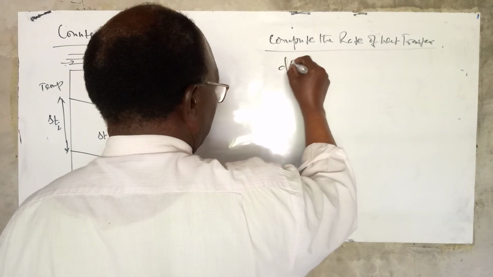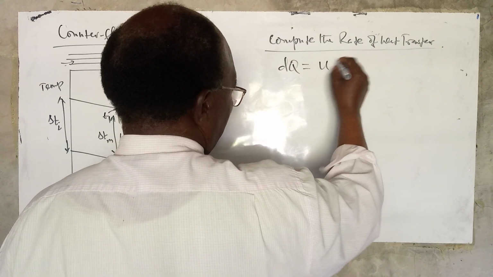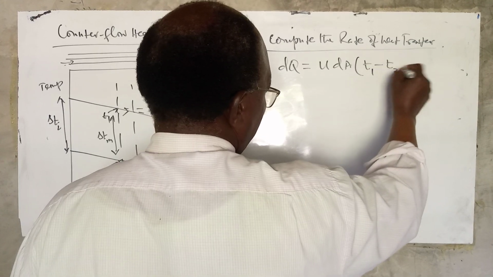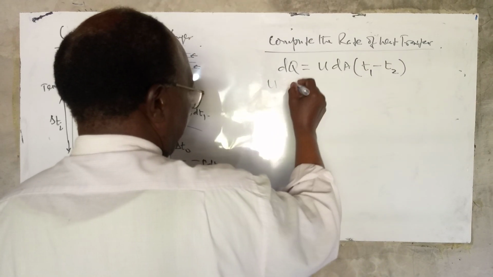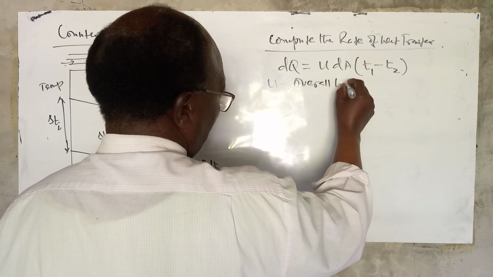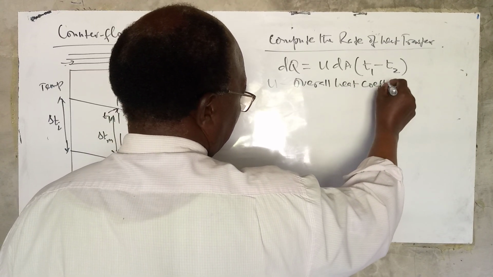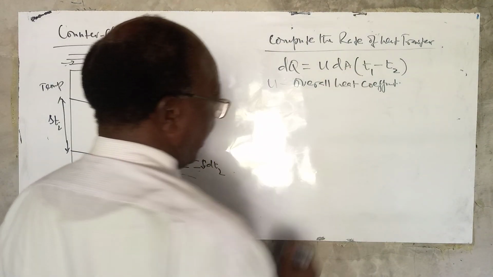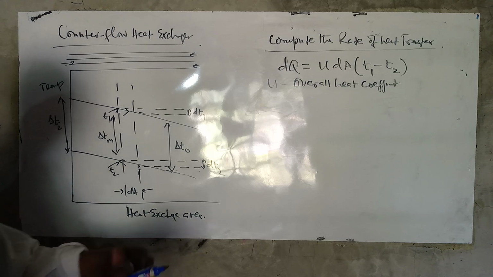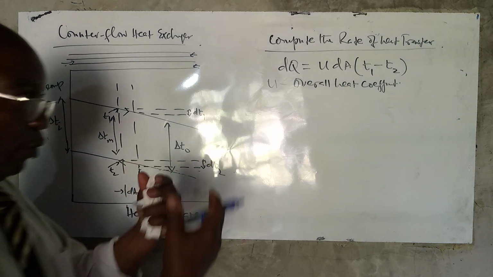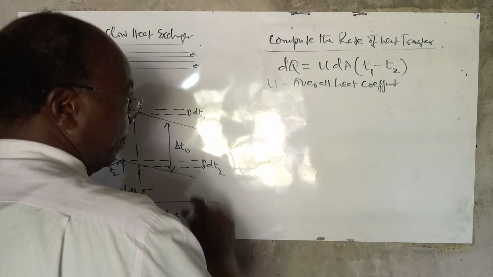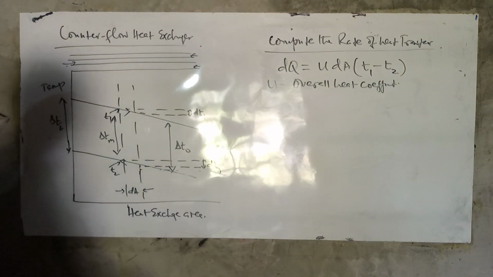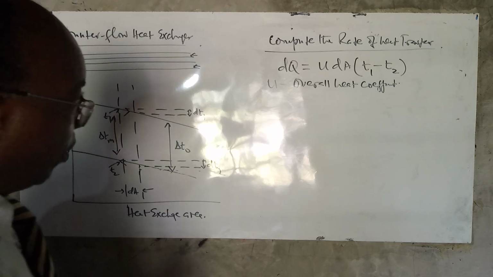We have dq will be U dA (T1 minus T2), where U is the overall heat transfer coefficient, dA is the elemental area, that is the surface area of exchange. And we have T1 and T2. Those are the temperatures for the fluid at the higher temperature and that at the lower temperature.